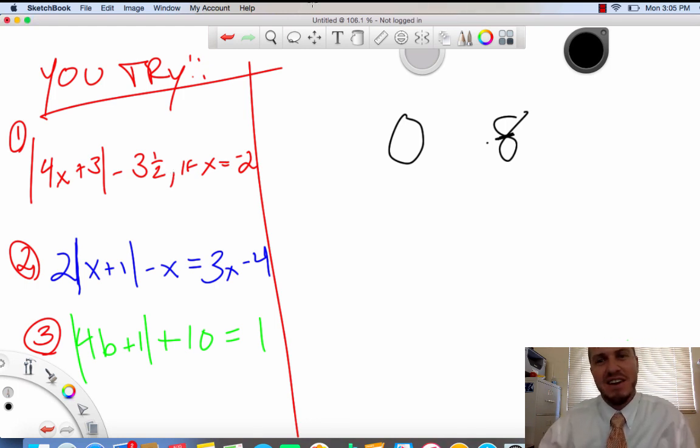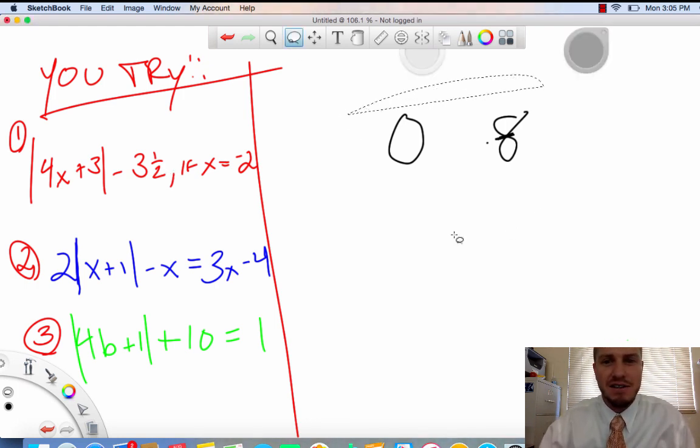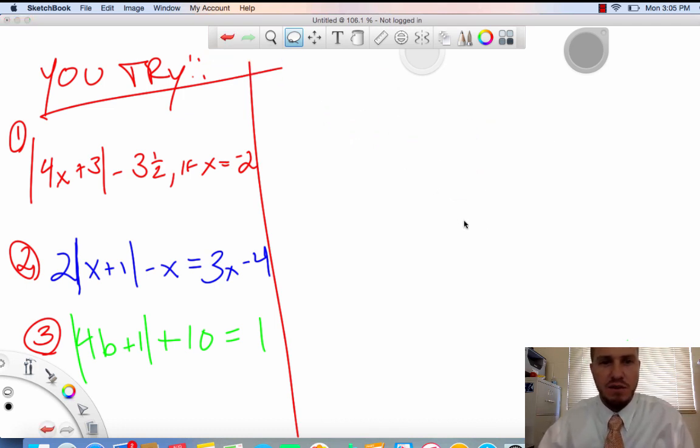All right. So your answers for the 3 you-try problems are: number 1. Now, this one has to do with the mixed number, 3.5.